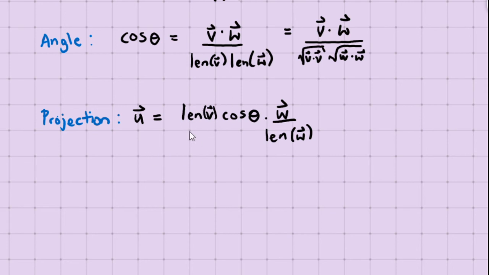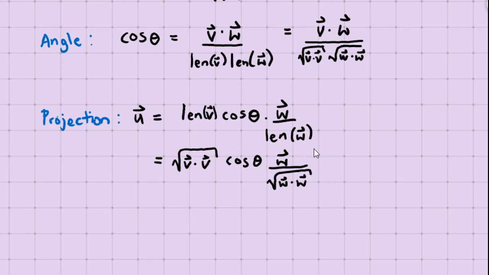But unfortunately, as it is at the minute, it's not written in terms of the dot product. So let's change this: the length of v is the same thing as the square root of v dotted with v, times the cosine of theta, times w over the root of w dotted with w.